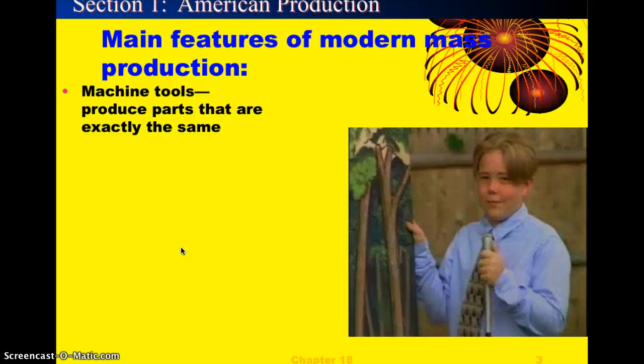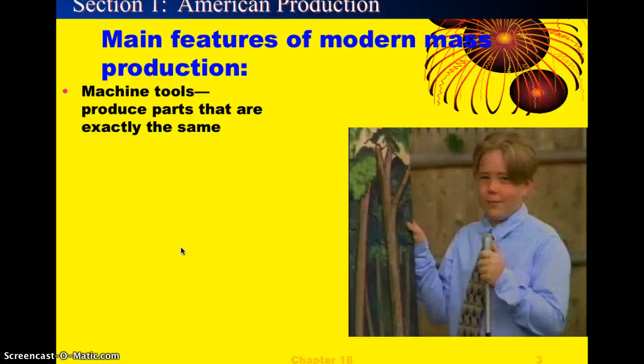Prior to Eli Whitney and his idea of interchangeable parts, when someone purchased an item and a part broke, instead of just replacing that one part, they had to completely discard the entire item. Eli Whitney came up with the idea of just make more parts, and that way you only replace the part instead of the entire item.